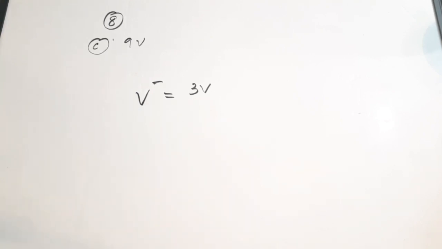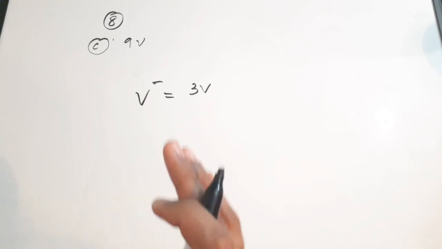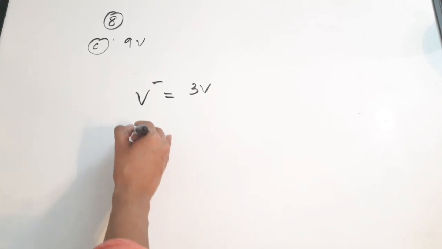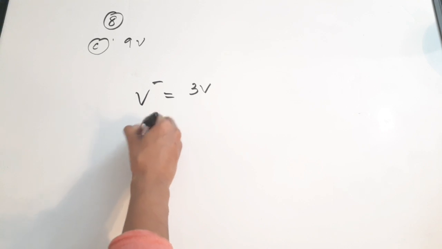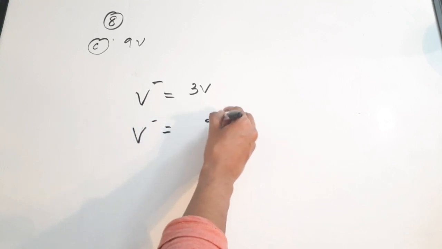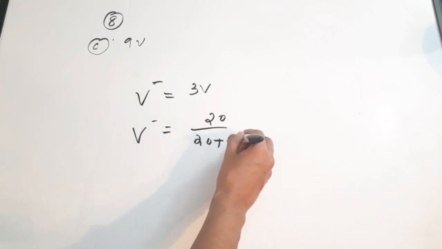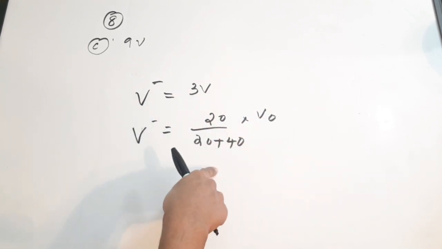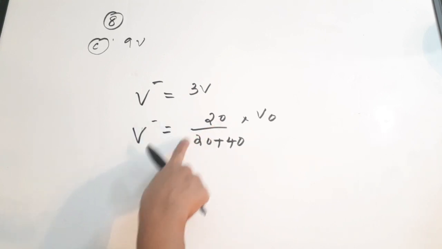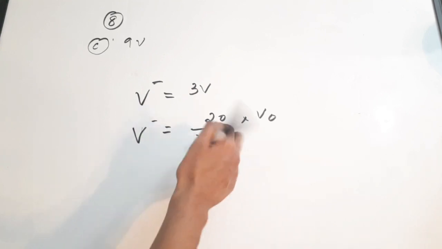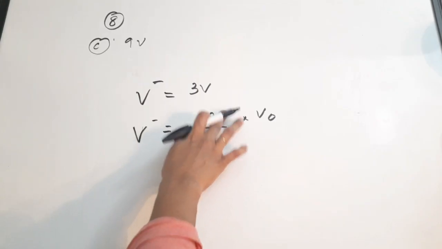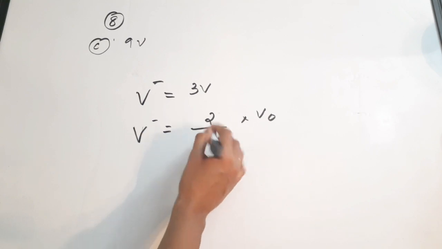Now if you see the inverting terminal, the voltage is actually connected from the output via 2 resistors. So you have to apply the voltage division rule for finding V minus. The equation is V minus is equal to 20 by 20 plus 40 into V out. So apply voltage division: 20 by 20 plus 40 is 20 by 60, so it is 2 by 6, and 2 by 6 is 1 by 3.